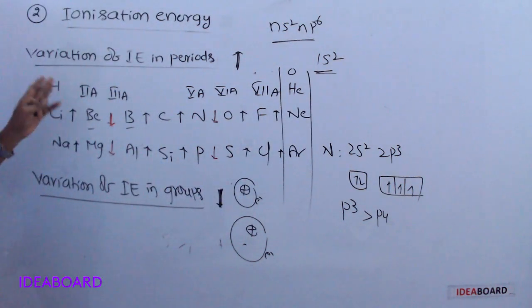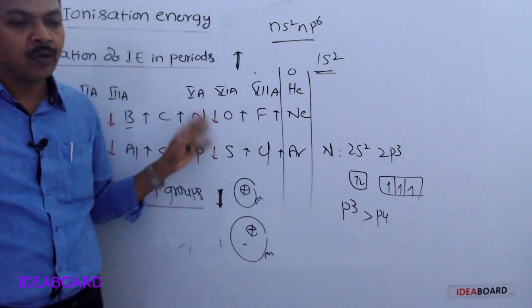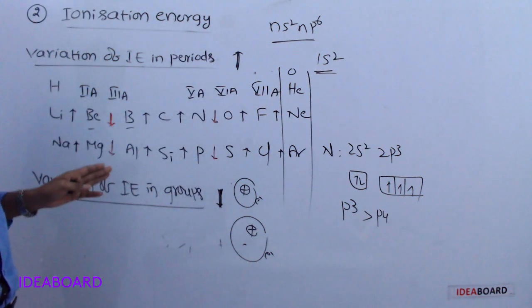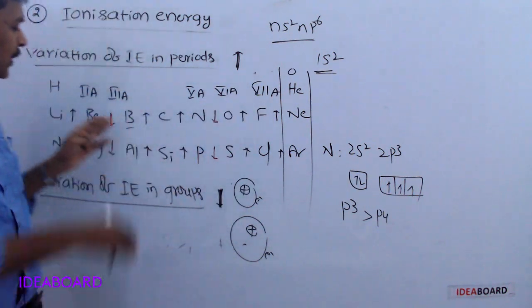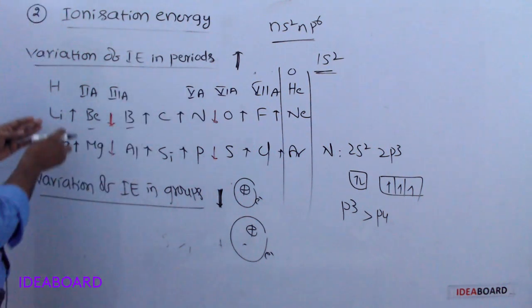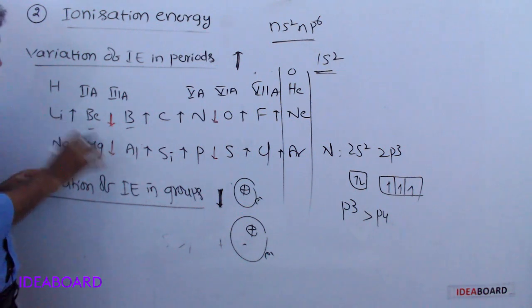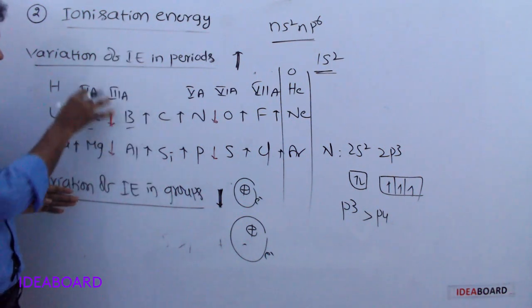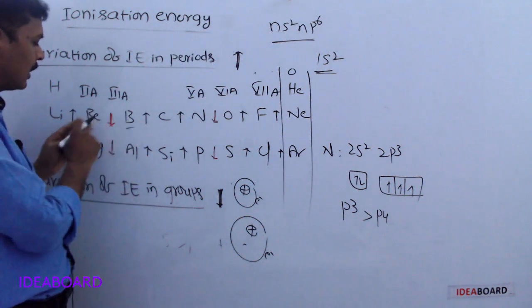Next, which group elements have the lowest IP value? First A group elements have the lowest IP value. Which group elements have the second lowest IP value? Not second A group elements, but third A group elements, because from second A to third A, IP decreases.